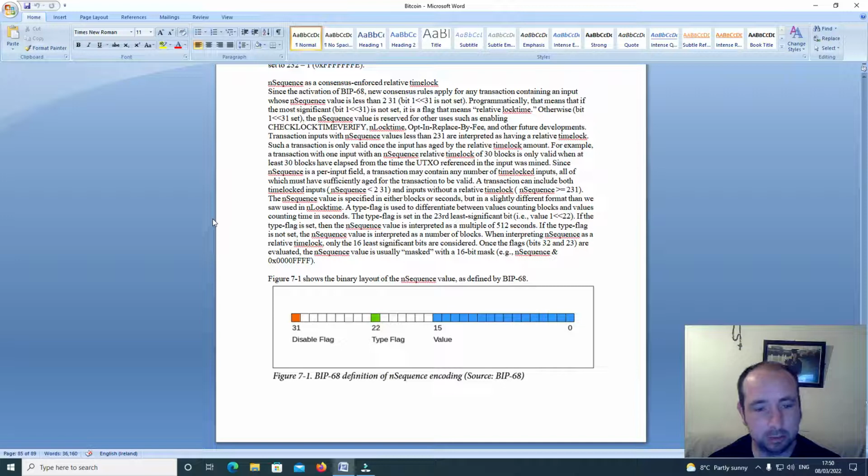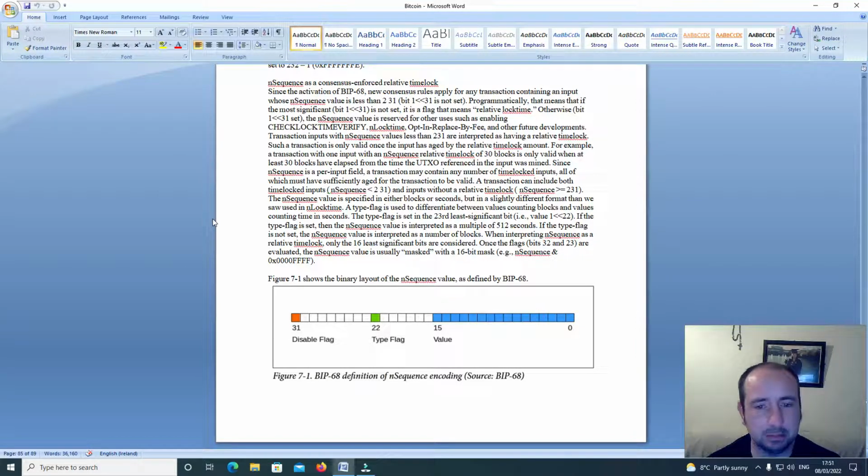The nSequence value is specified in either blocks or seconds, but in a slightly different format than we saw used in nLockTime. A type flag is used to differentiate between values counting blocks and values counting time in seconds.